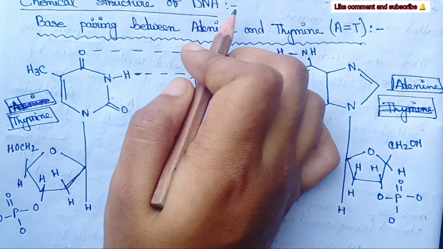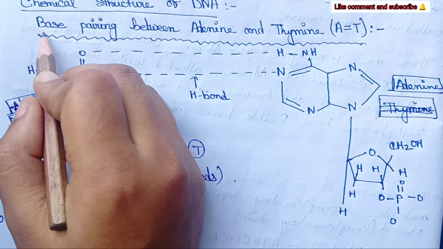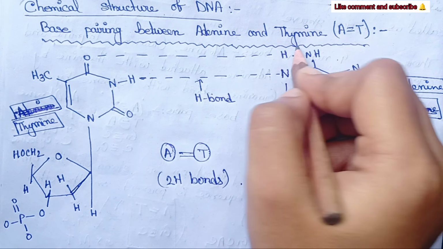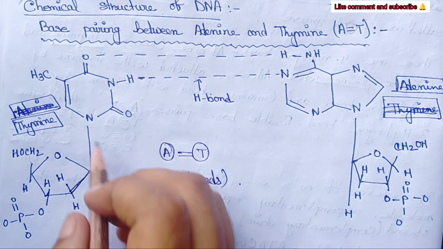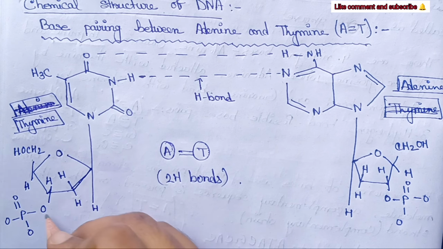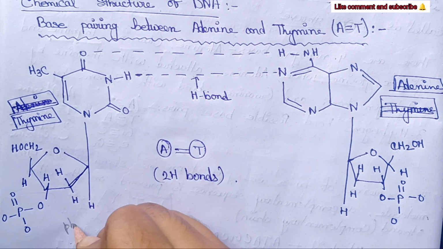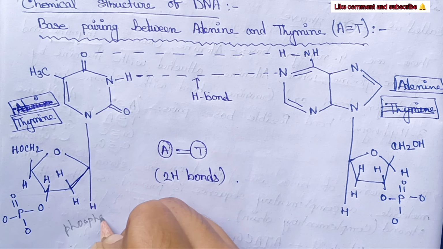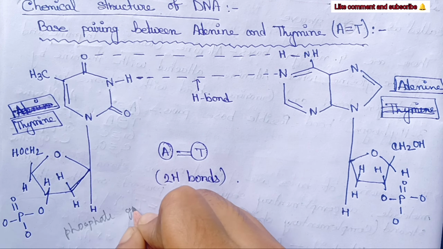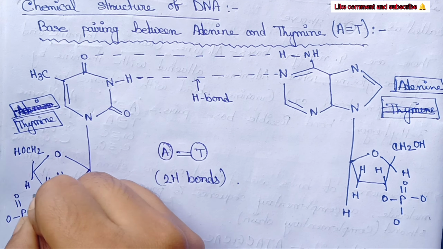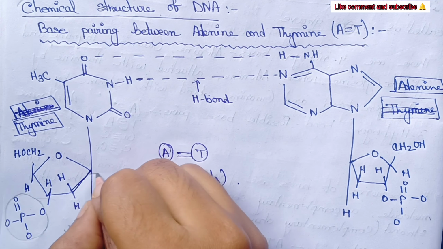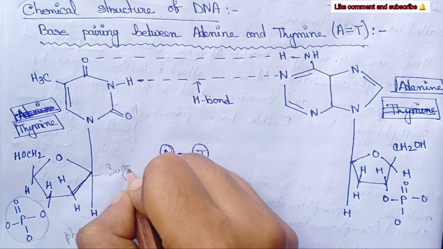So, the chemical structure of DNA. Base pairing between adenine and thymine: they form a double bond. This is the phosphoric acid or phosphate group, which is attached to the sugar molecule.